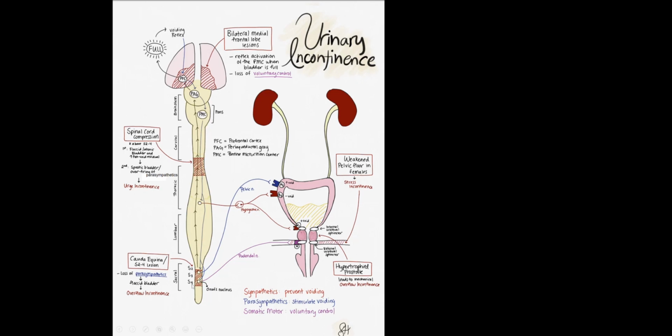And then this descending pathway also inhibits Onuf's nucleus here and inhibits the pudendal nerve to the external urethral sphincter, so that sphincter opens. So again, the descending pathway as a big picture needs to inhibit the sympathetics, activate the parasympathetics, and inhibit the somatic motor neurons here through the pudendal nerve.